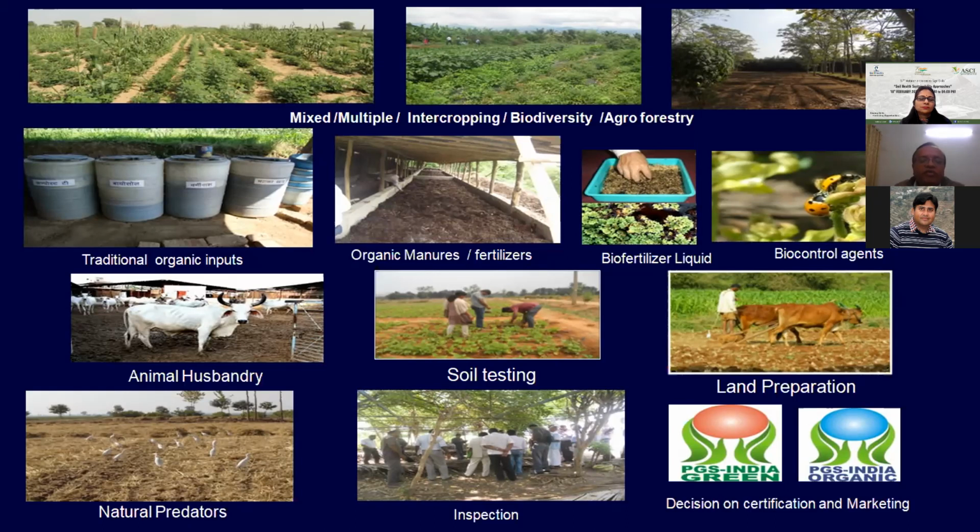In this photo, if you see, all steps of organic farming are explained. We need biofertilizer liquid, we need biocontrol. See, if biocontrol is very effective, today what is happening, most of the farmers approach the chemical input supplier shops whenever there is a problem of insect or any disease.